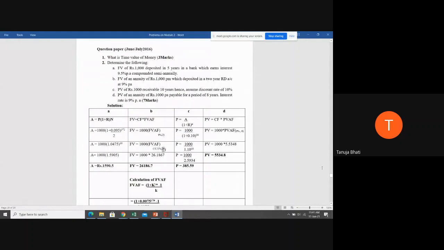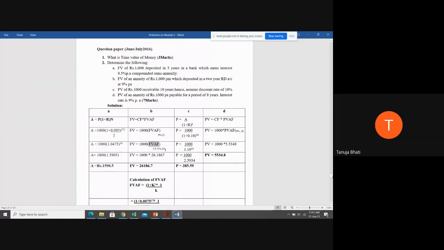Then step by step, let us solve this. For 0.75% for 24 months, can I find the future value annuity factor with the help of tables, or should I use the formula? Yes, we have to use the formula.